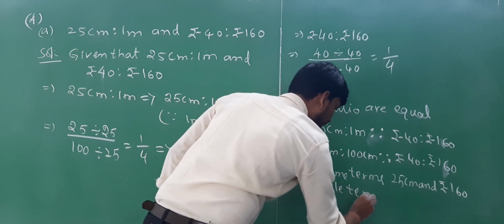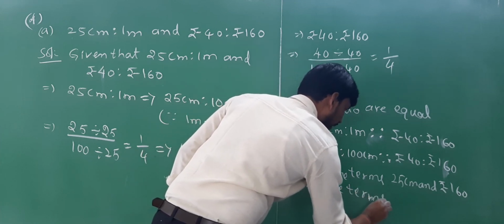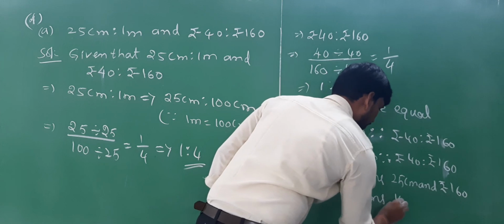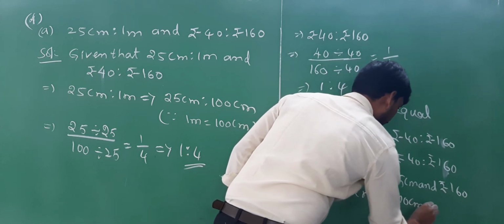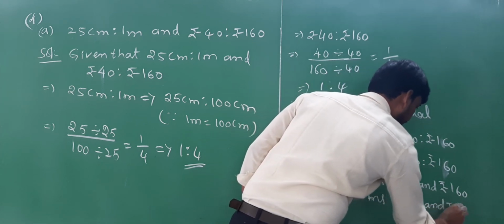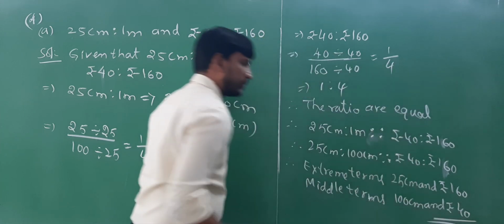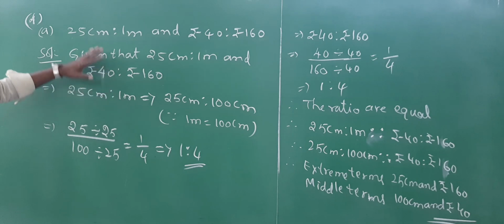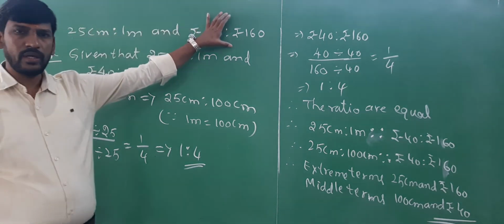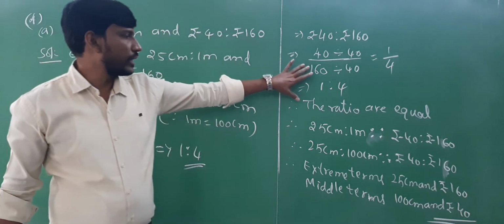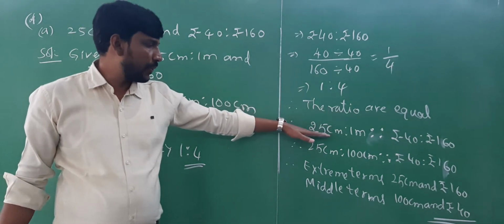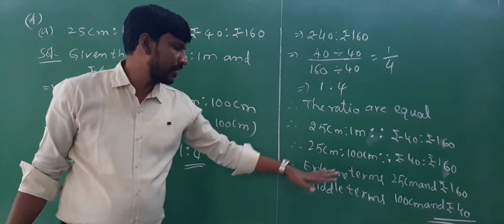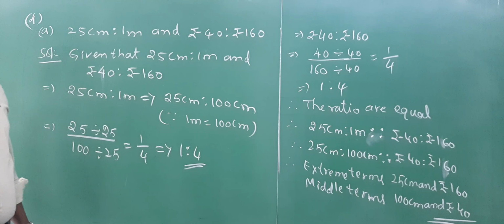The middle terms are 100 centimeters and rupees 40. Is this clear, children? So find the ratio in simplest form of both the ratios. If the ratios are equal, both are in proportion. If they are in proportion, write the extreme terms as well as the middle terms. Right, children? Copy this.